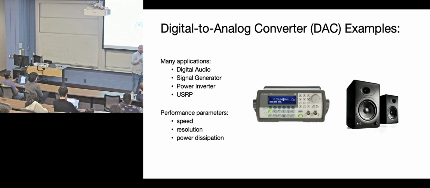When you have an audio module, it's a very highly optimized DAC. It's optimized for the purpose of only giving 22 kilohertz sampling frequency out. They're going to do lots of smoothing because they know what the data should look like. It's going to be something that looks like audio. So you can think of all audio outputs as highly customized DACs for audio playback, or you can think about it as a function generator that you would use in lab.